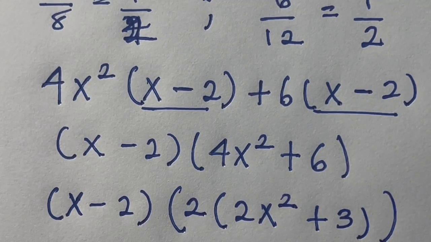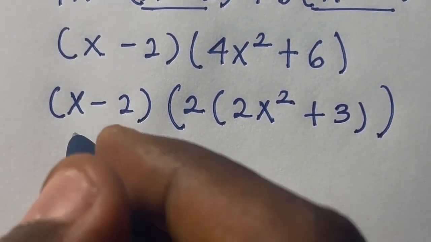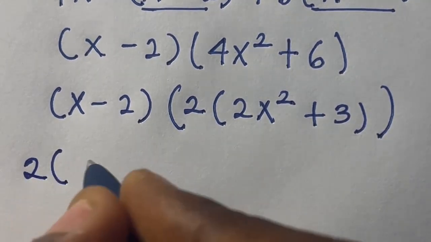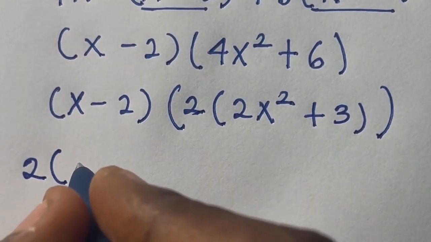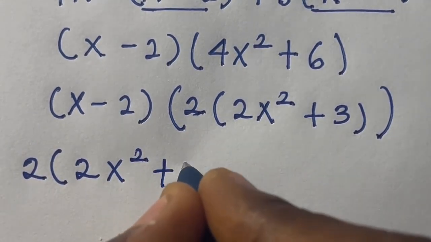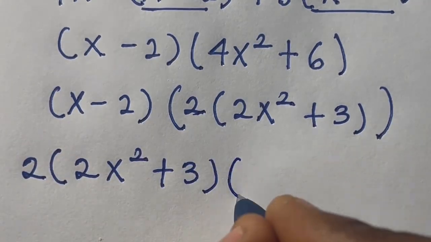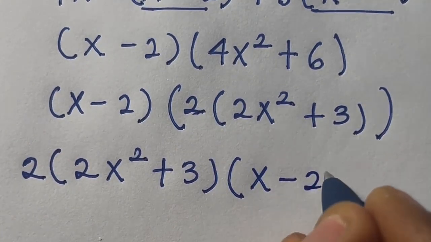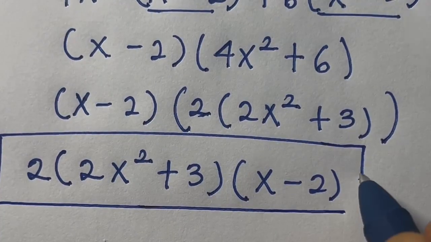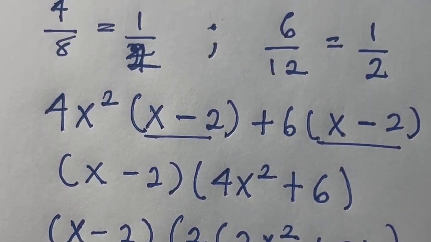So what this implies is we will have 2 multiplied by 2x squared plus 3, then multiplied by x minus 2. So we just found the factors for our given polynomial.